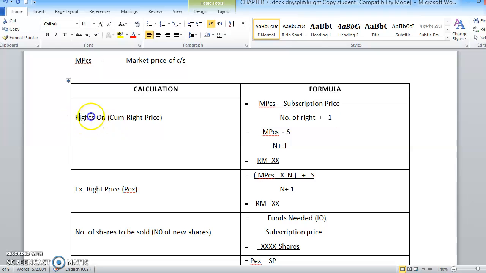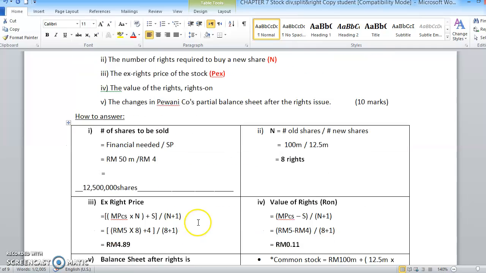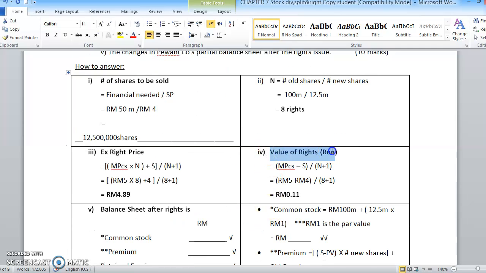So this is the rights on or RON tadi ya. Atau juga kita boleh ringkaskan dia sebagai RON. So benda yang sama applicable to this question number 4, value of the rights or rights on. So you will get 11 cent.